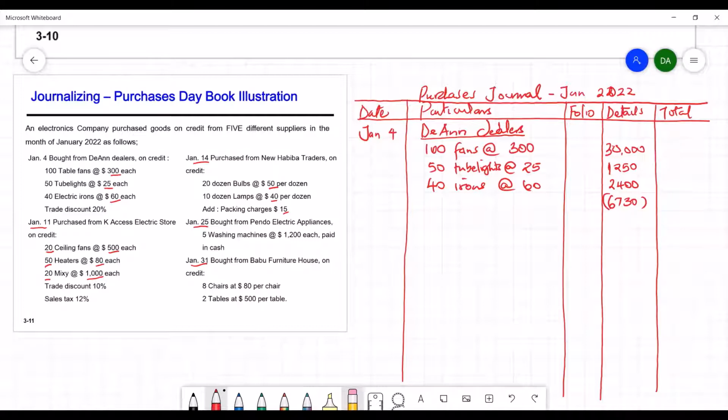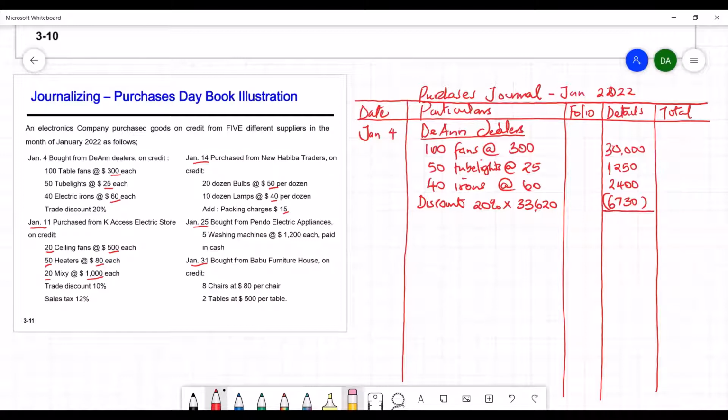The discount is equal to 20% of 33,650, and that will give you the discount.